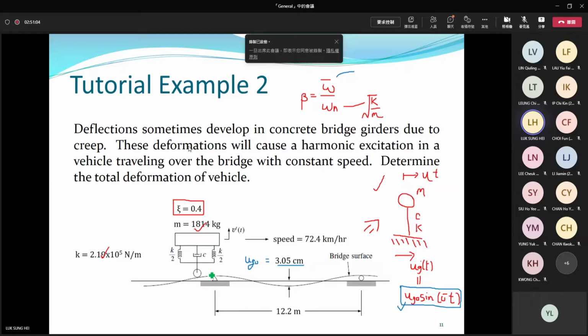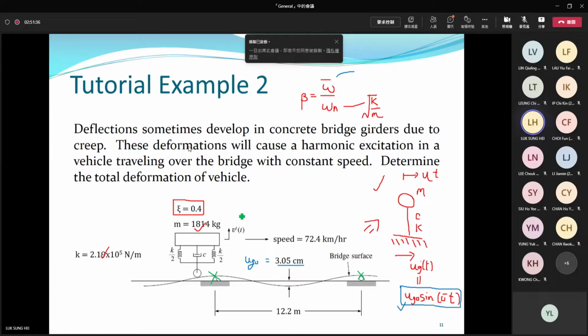Suppose the car starts from the left-hand side support, and then it will reach another support on the right-hand side. The distance is equal to 12.2 meters. When the car moves from one support to the other support, it is equivalent to the ground completing one vibration cycle, right? One complete vibration cycle.